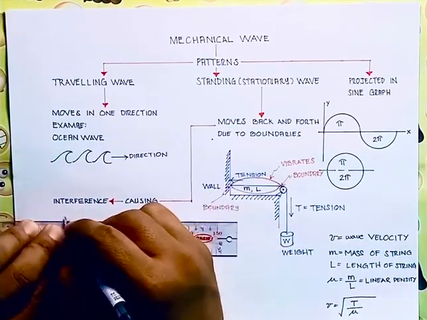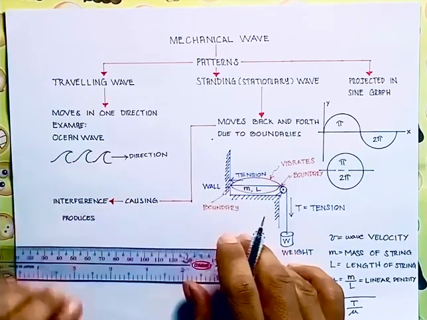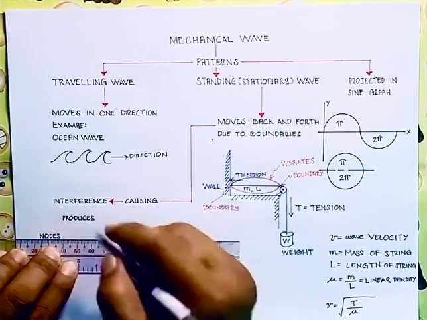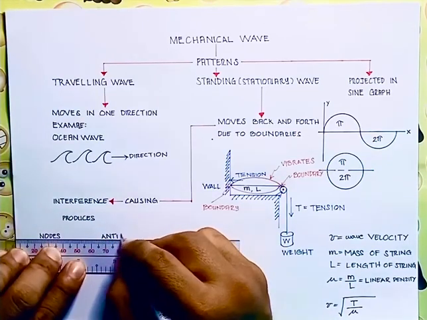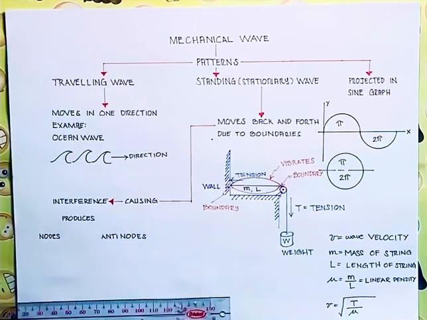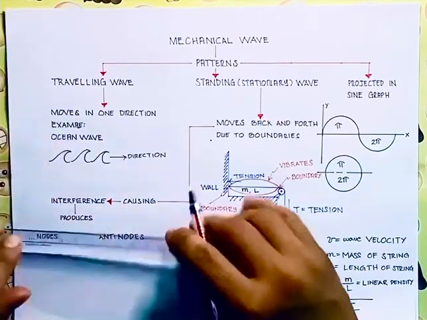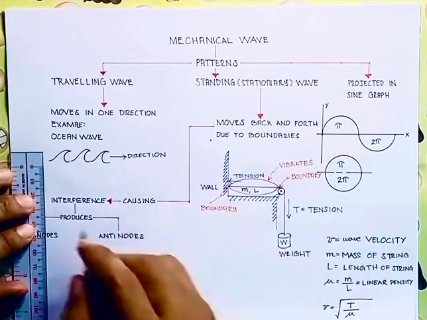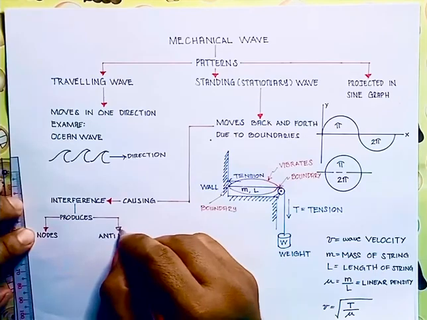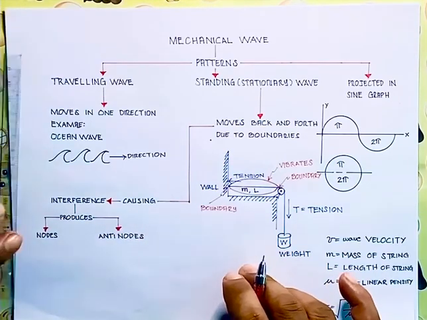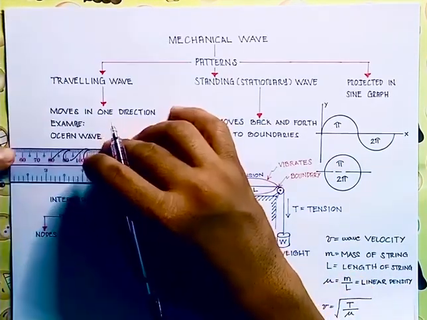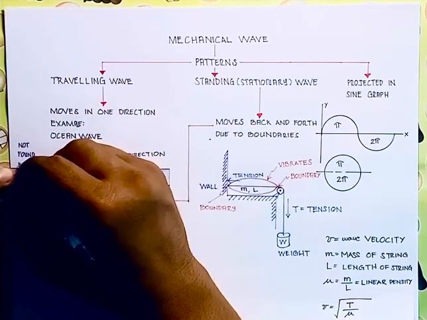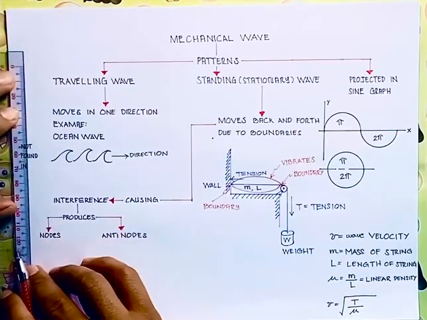Now, the interference, or the moving back and altering of the original wave that was created in the string, will produce what we call nodes and antinodes. The antinode is either the crest or the trough of the wave, while the node is at the minimum or at the equilibrium of our wave.